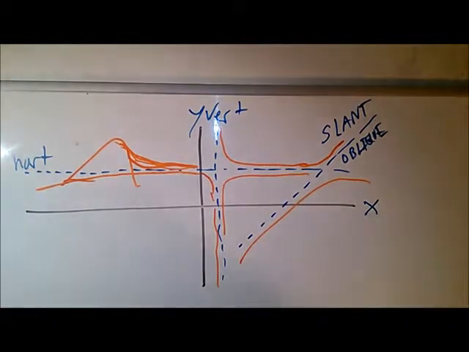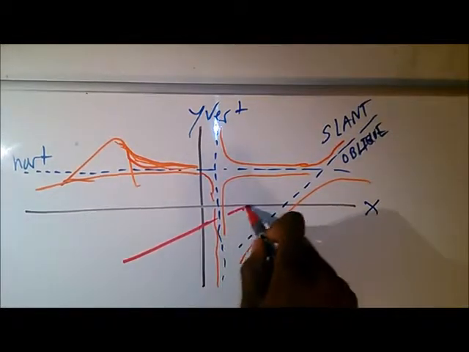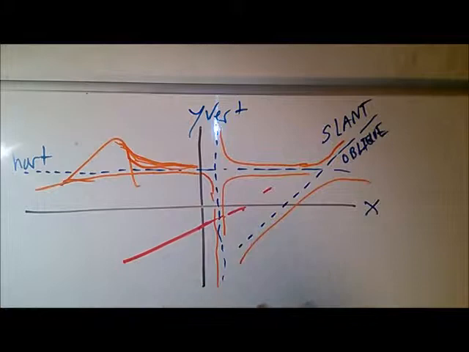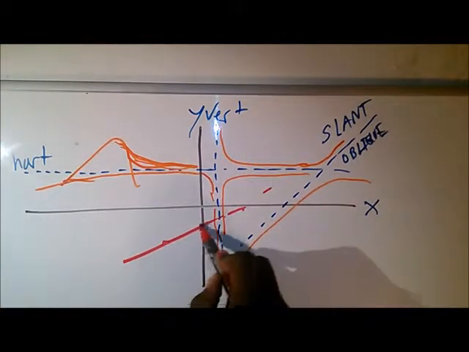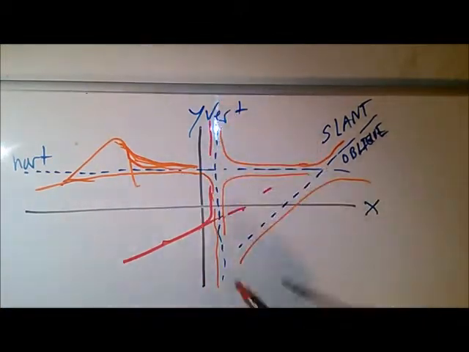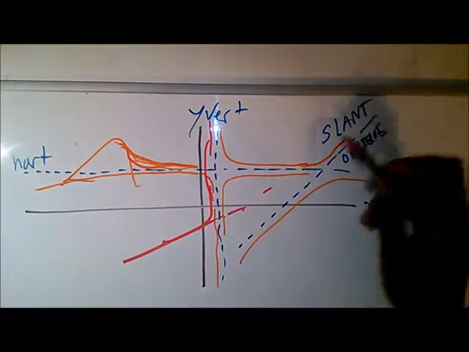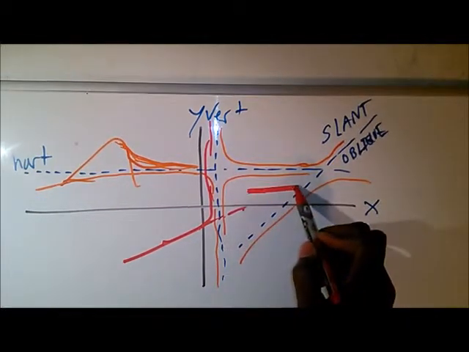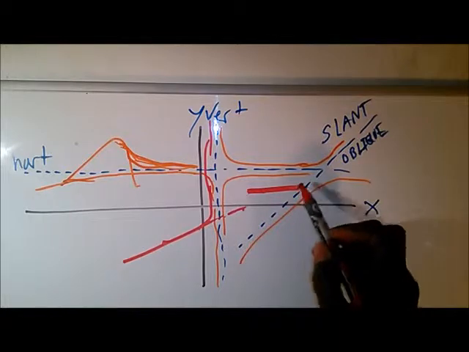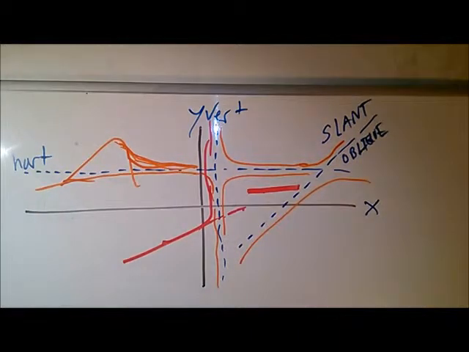For vertical asymptotes, you can't go across them. It's impossible. A vertical asymptote is like a big division wall. You can only follow the vertical asymptote up. Slanted asymptotes, same way. You cannot go past a slant asymptote. It's like a big wall blocking you. It's impossible to go past an oblique or a slant asymptote. So that's to give you a heads up about when you're graphing them.